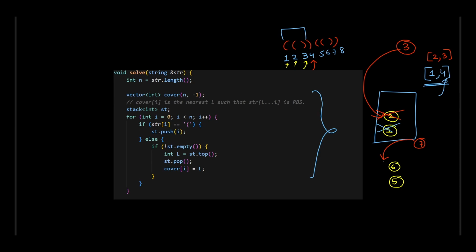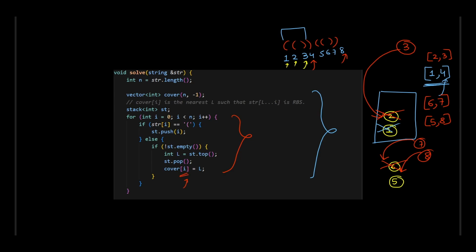So whatever element you are popping, that is your cover. So 6 comma 7 is one cover, and then this has gone from the stack, and then when you insert 8, 8 will pop this 5. So you can see that 5 comma 8 is one cover. So now you have the cover for each of the closing brackets.